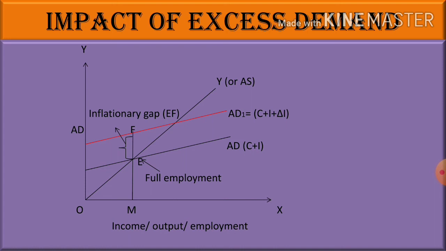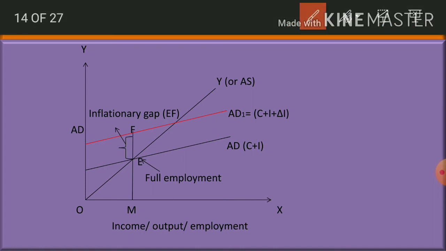So here the income level will be constant, there will be no change in income level, or we can say there will be no change in employment level, because resources are fully employed. And when resources are fully employed, then obviously output can't be changed either. Output will remain the same, so there will be no change in output also.